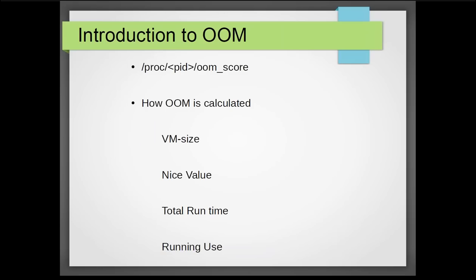Total runtime of a process: if the process has been running for a longer amount of time, this will reduce the score. And if that process is running as the root user, it gets a slightly higher protection. Just remember two things: your kernel threads and PID 1 are immune to the out of memory killer, meaning the OOM killer mechanism will not kill these two.